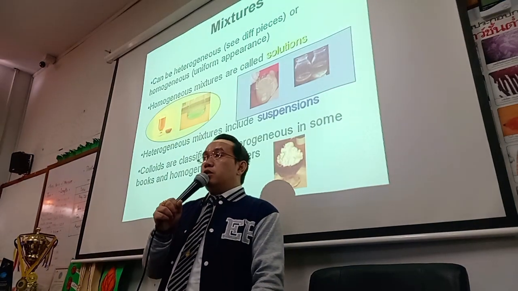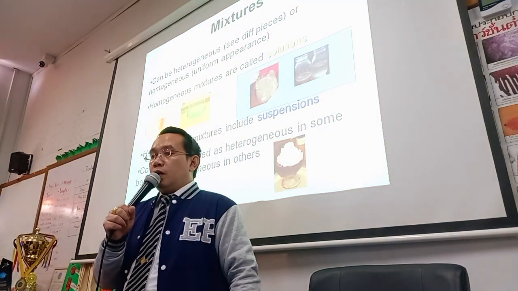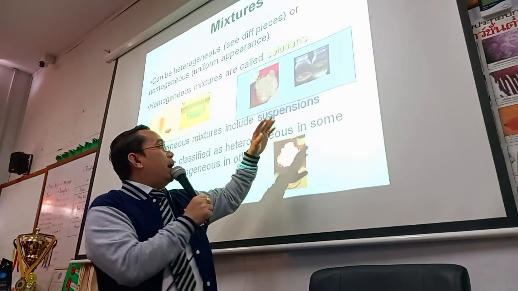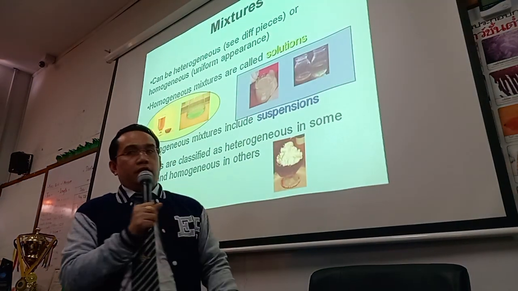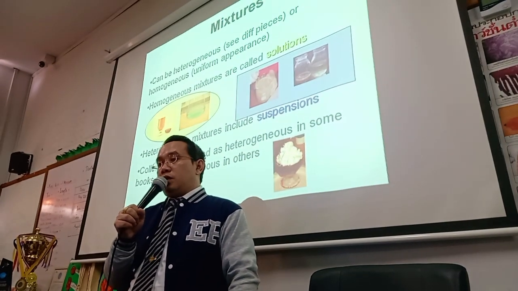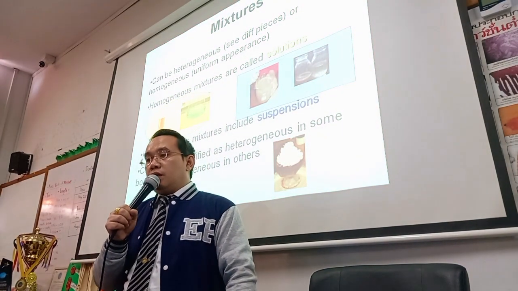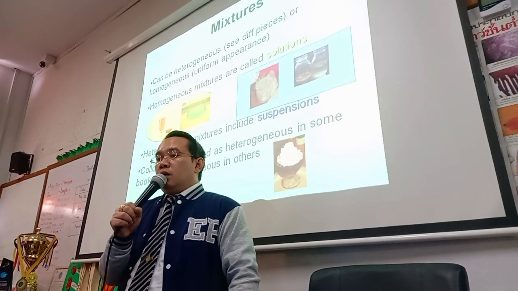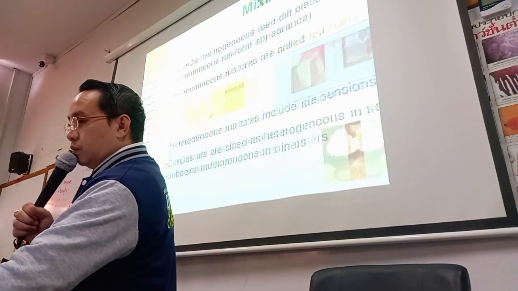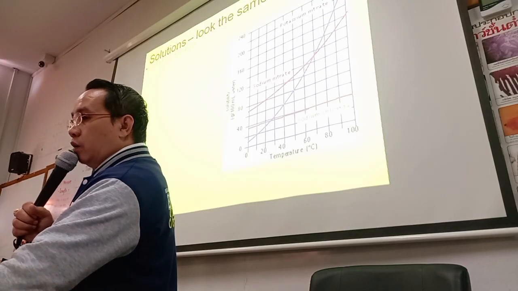Heterogeneous mixture includes suspension. So now if there is homogeneous mixture, we also have heterogeneous mixture. Colloids are classified as heterogeneous in some books and homogeneous in others. So how can we determine?